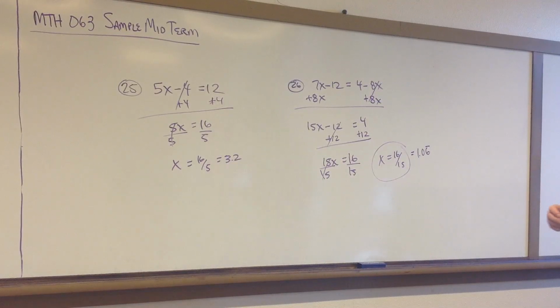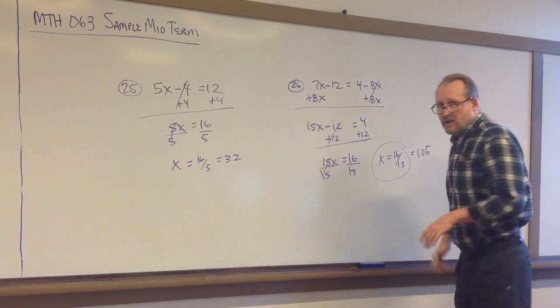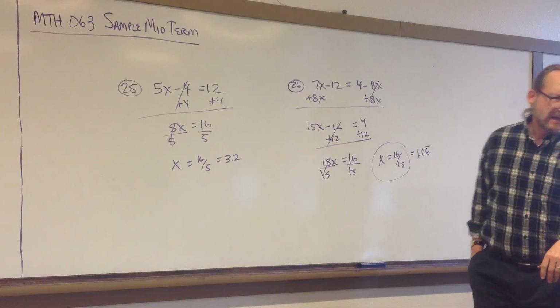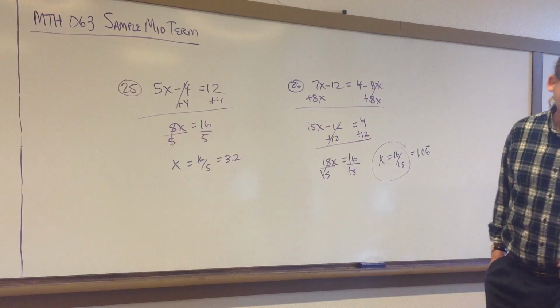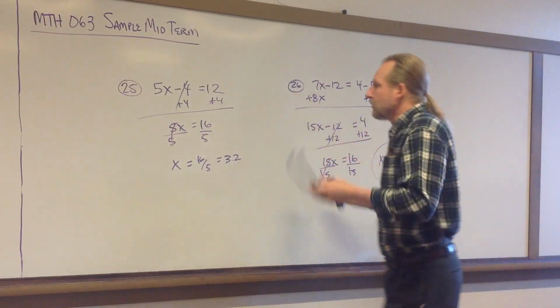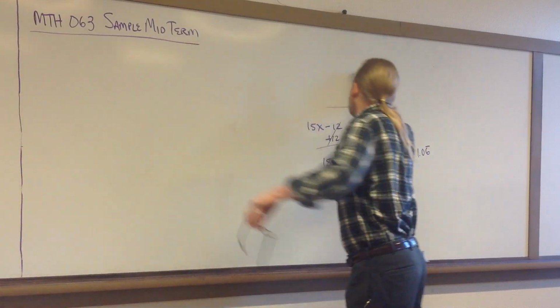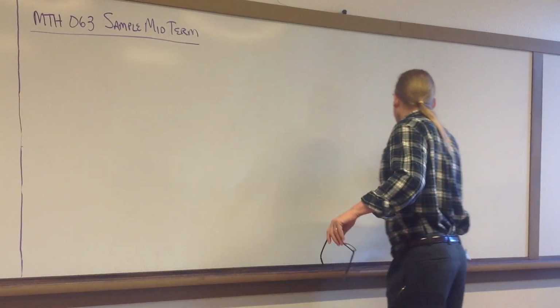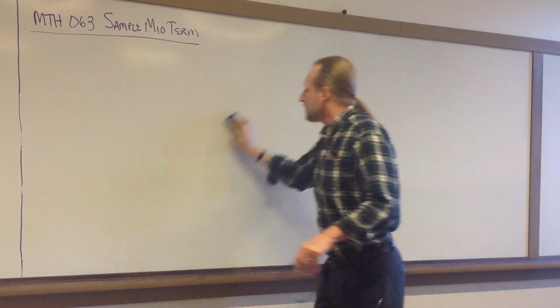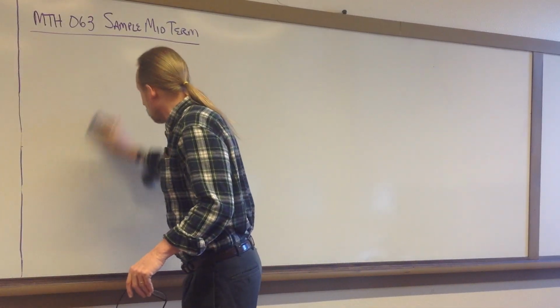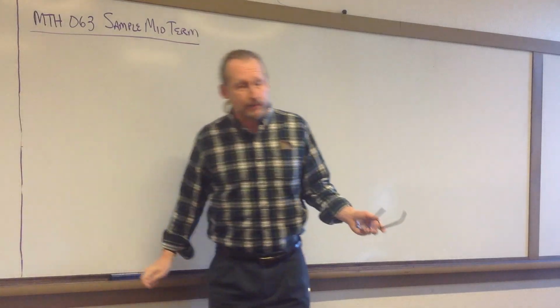Okay, last two problems are that formula for taking a stock solution and using it to prepare a solution with a given concentration. And this really is all about diluting it. Notice that our stock solution is always stronger than what we want.